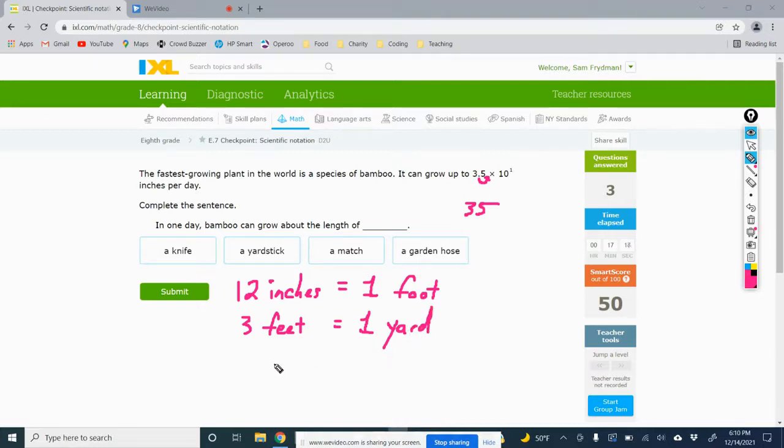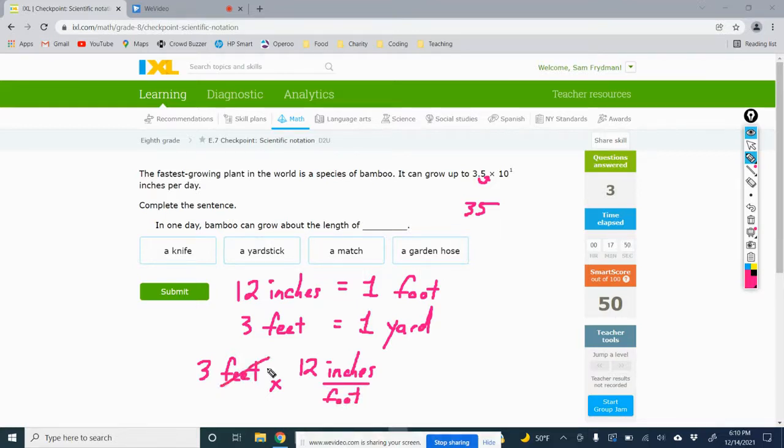If I wanted to know how many inches were in a yard, then what could I do? Well, I could say 1 yard is equal to 3 feet. So I want to know how many inches are in 3 feet. So I could do 3 feet times, I know that there are 12 inches in a foot, so times 12 inches per foot.